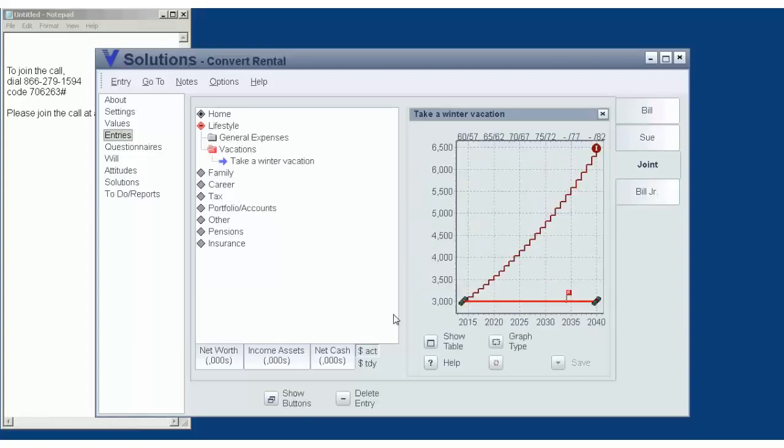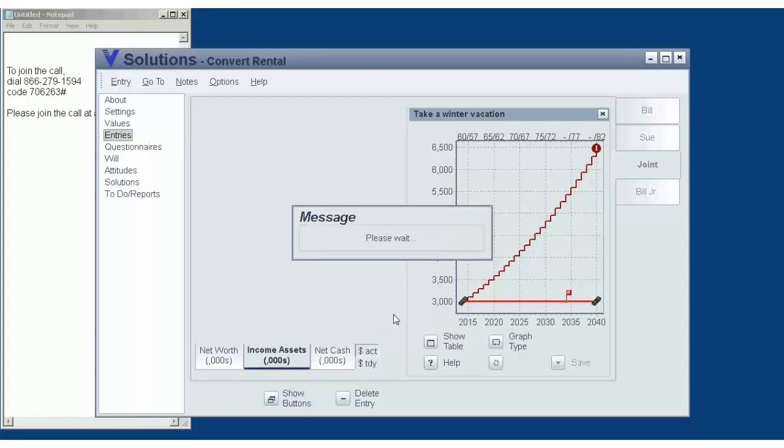And I'm using this as a proxy for additional spending. So I'm not suggesting that everything is going to be spent on the vacation. Some might be spent on vacation, some might be used to help grandchildren. You know, there could be a variety of uses. So I'm just going to use this as a quick proxy for increased general spending.